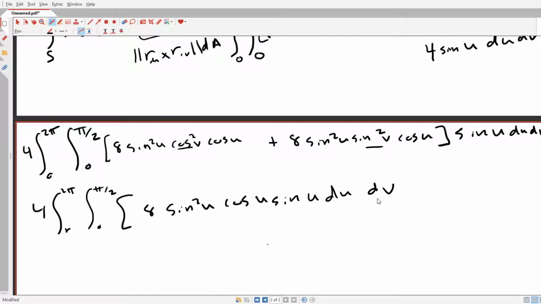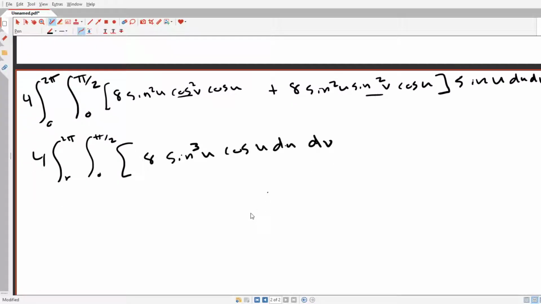Okay. How do I want to integrate? Okay, so sine u, that's going to be sine cubed. This should be sine cubed. Finally, this looks fairly simple to integrate. So I'm going to integrate this with respect to u first.